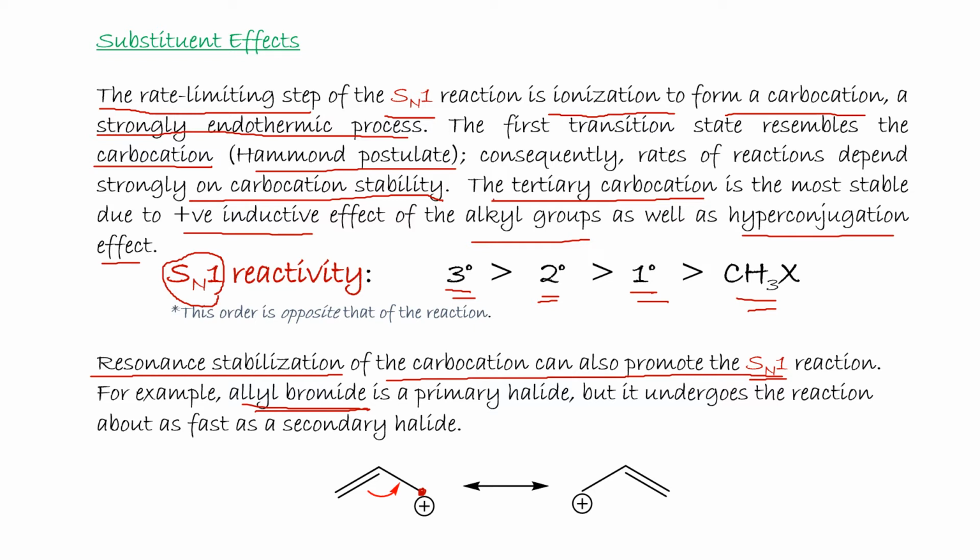So allyl bromide is a primary halide, but undergoes the reaction about as fast as a secondary halide. Why? Because of the resonance effect. So we have two resonance structures, forming a double bond here, and a single bond here.